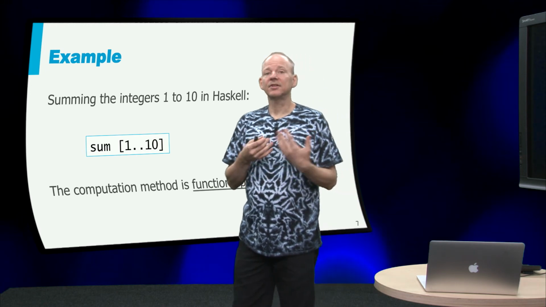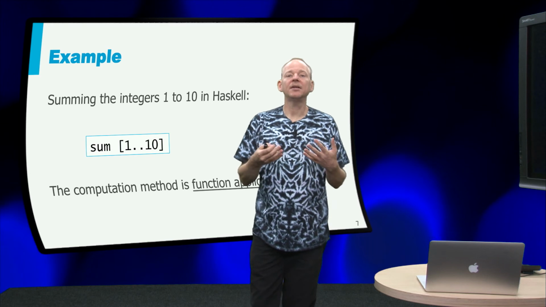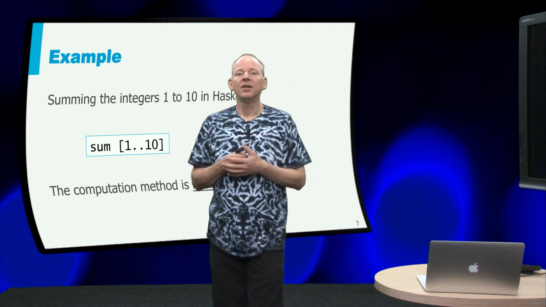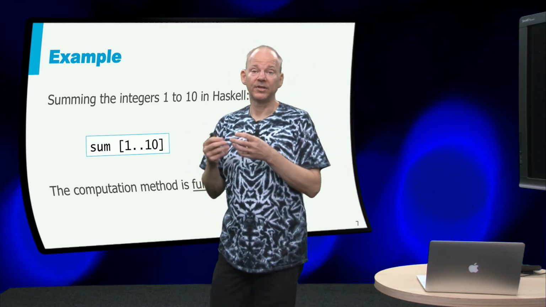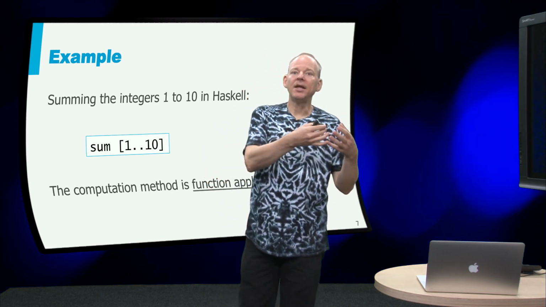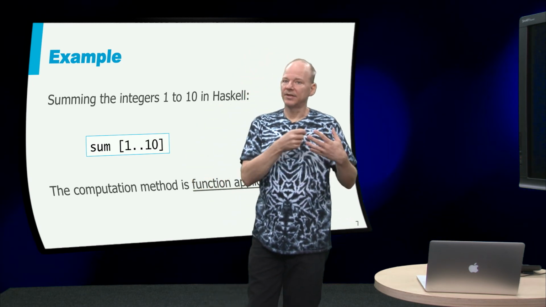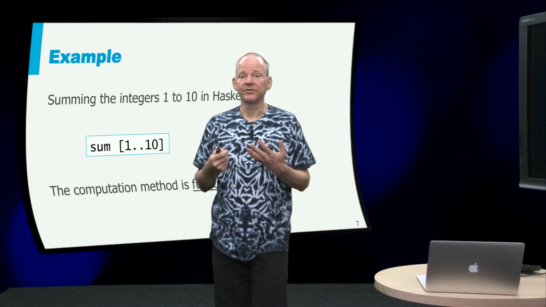And then we just sum those integers up. So here you see that we're composing the code by having an expression that creates this list from 1 to 10, and then we apply that value to a function sum that will sum things up for us.